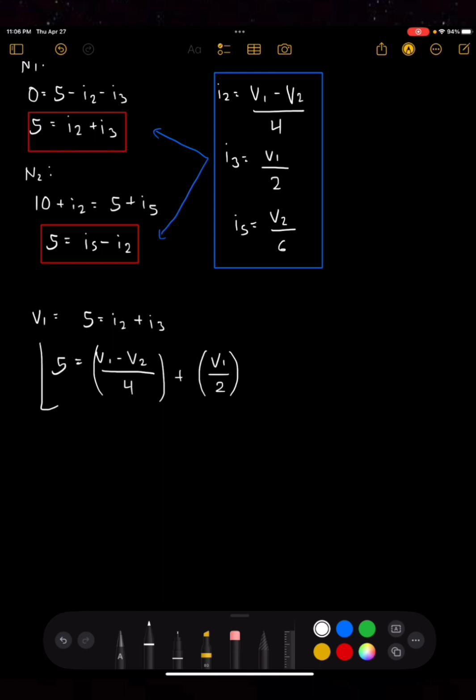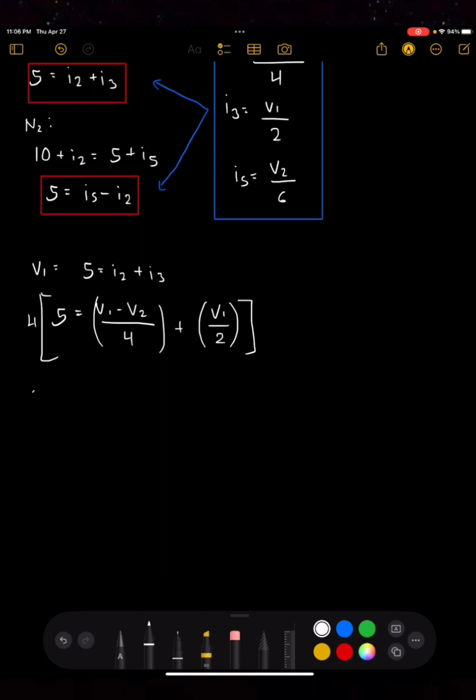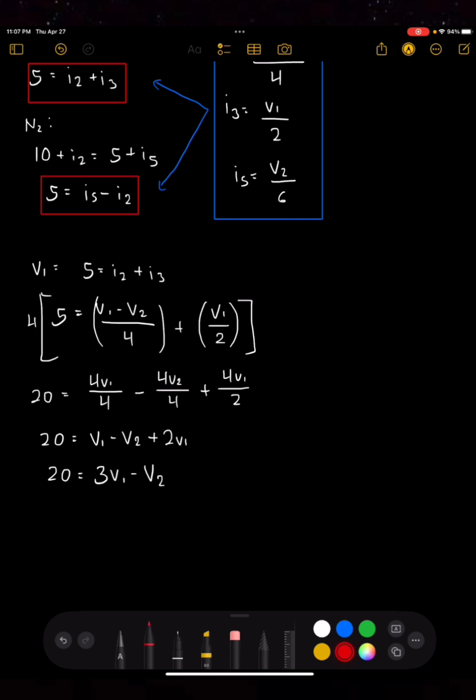So, to solve this, we need 20 equals 4V1 over 4 minus 4V2 over 4 plus 4V1 over 2, which is 20 equals V1 minus V2 plus 2V1, so 20 is equal to 3V1 minus V2. So, ito magiging equation 1.